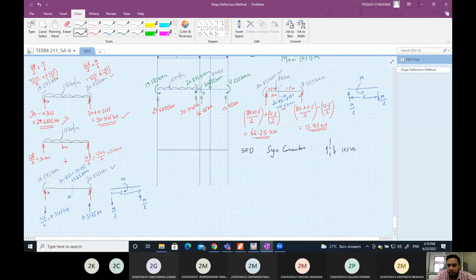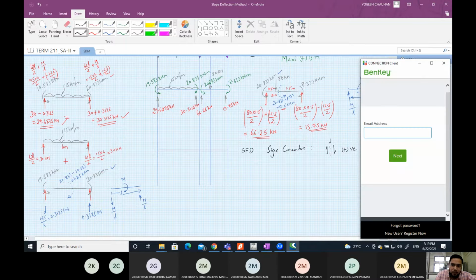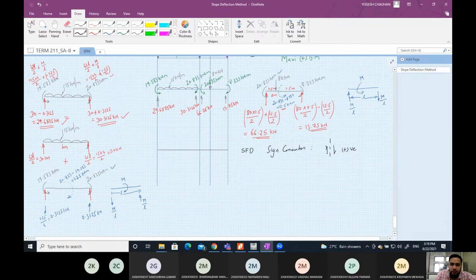Clockwise shear means anything on right of the section in downward direction is positive, and anything on the left side of the section in upward direction is positive. So let us say we are moving from A to B in this direction. So we'll adopt this sign convention.